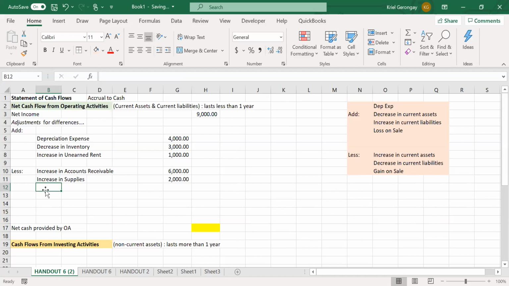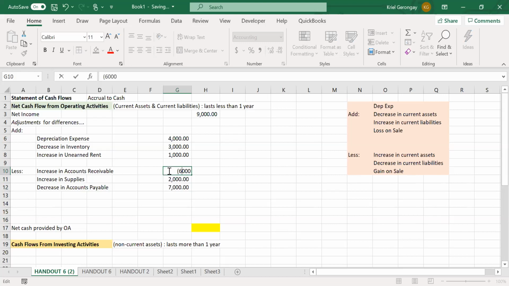And so a decrease in current liabilities will be subtracted. Just to keep in mind, to indicate that you're subtracting it, you can put the parentheses here.